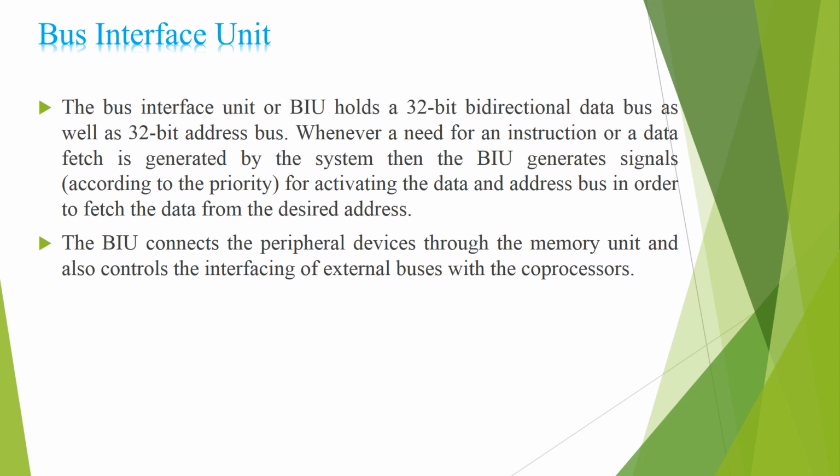First it generates a signal to fetch the address or data from the desired address. The bus interface unit connects the peripheral devices through the memory unit and also connects the interfacing of external buses with the microprocessor.